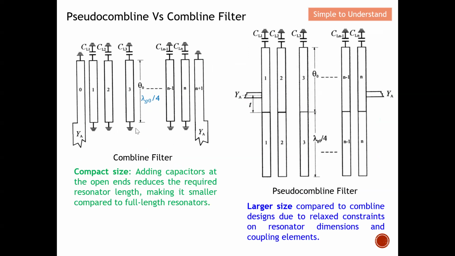They are all shorted over here. So basically this is for the Combline filter. As for the pseudo-Combline filter, you can see that they are all open circuit on this end here. So this is the first difference. For Combline, on this side here, they are all short circuit. But for the pseudo-Combline filter, these are all open circuit.